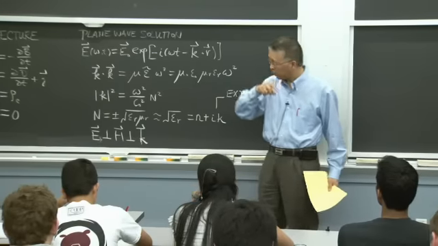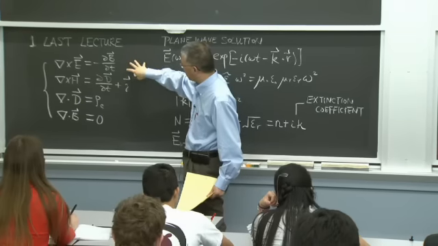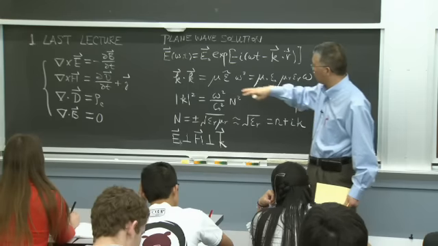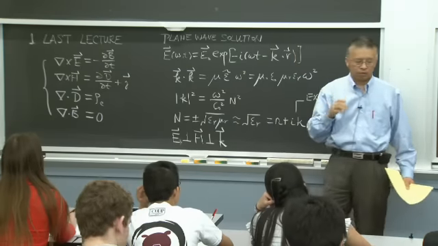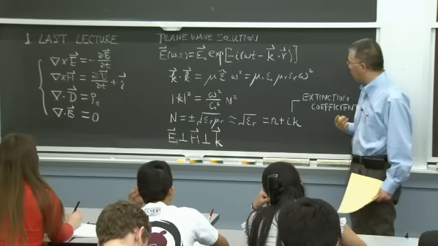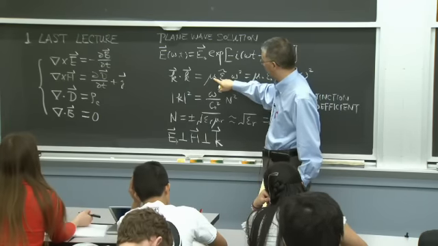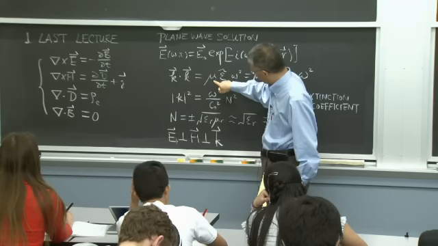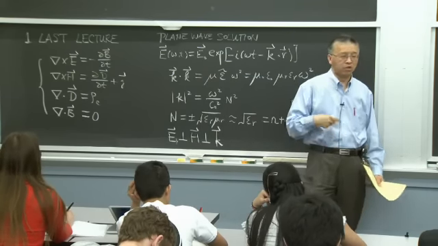But coming back, from this set of macroscopic Maxwell equations, we can find a plane wave solution for a wave propagating in a homogeneous medium. A homogeneous medium means I have the permeability and permittivity independent of space.